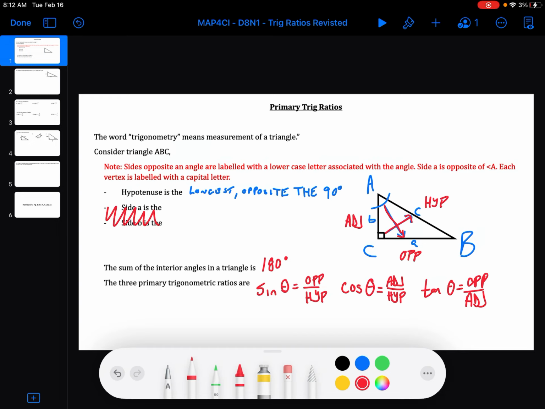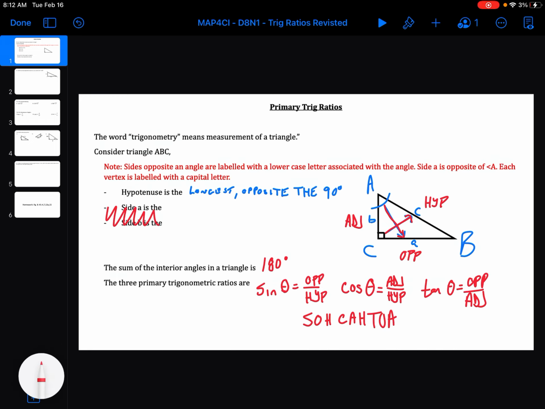So this is, if you remember, SOHCAHTOA. Okay, and you're not going to sound weird saying that because every math class in the world says it. You also might see it written like this, SOHCAHTOA. It just helps you remember the fraction a little bit better.